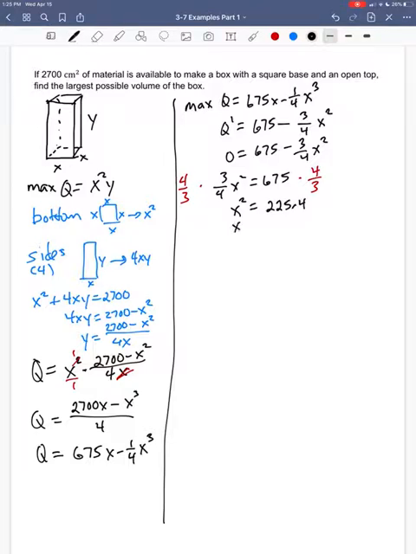So that's 900. And then when I take the square root, it would be plus or minus 30 for x, but x is a length of the side of this box, so the negative answer really doesn't make sense in this applied problem. So my only critical number is x equals 30.